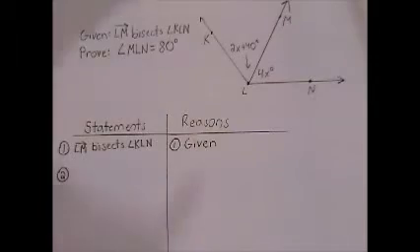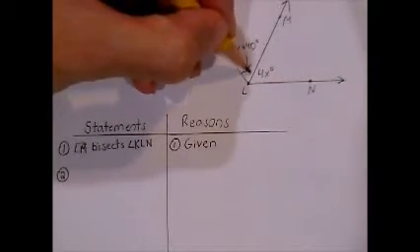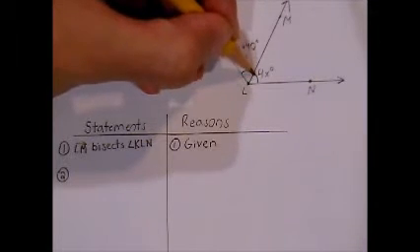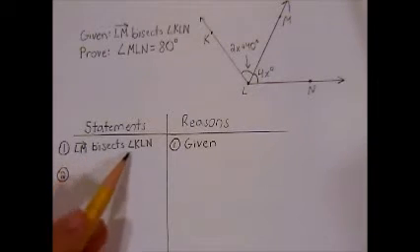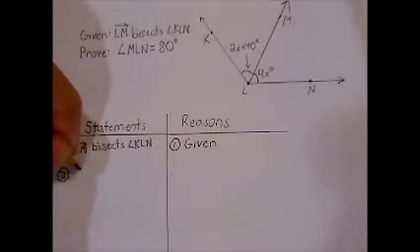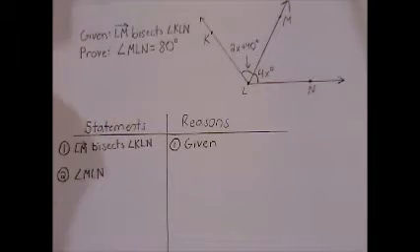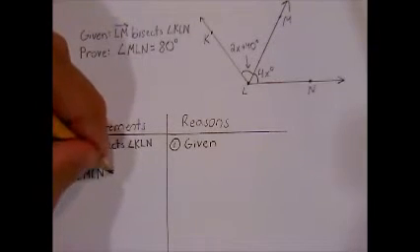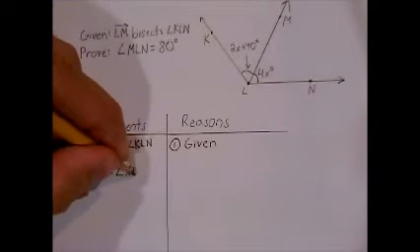Well, I know that if a ray is an angle bisector, that means the angles are congruent, which means they are equal in measure. So what I can conclude about statement 1 is that angle MLN is equal to angle KLM.